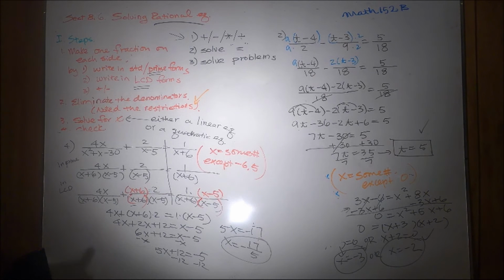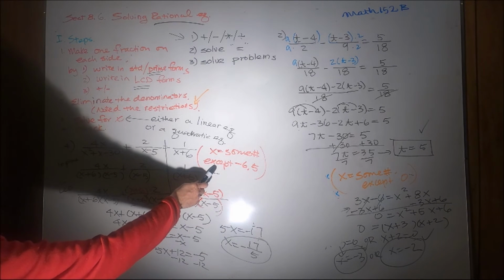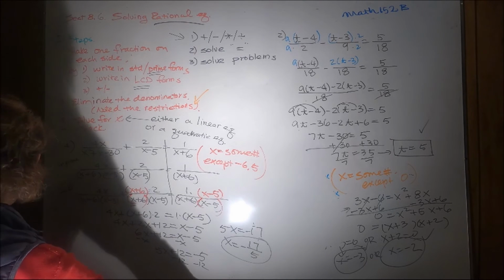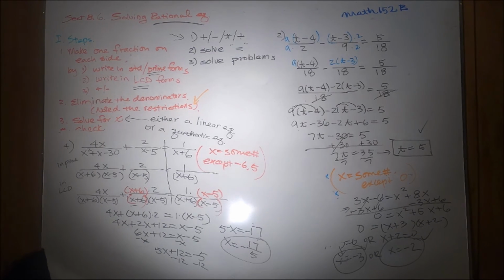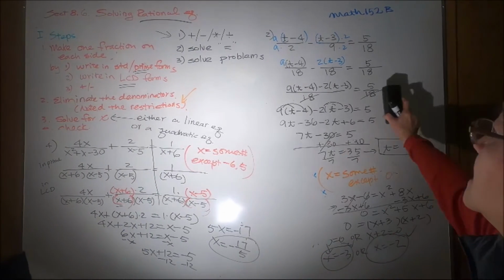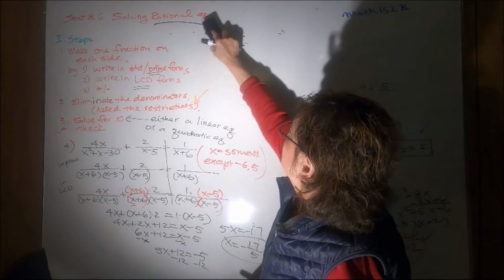Right? Can we circle the answer? Yes, because we know x equals some numbers except what kind of numbers we cannot use? -6 and 5, right?